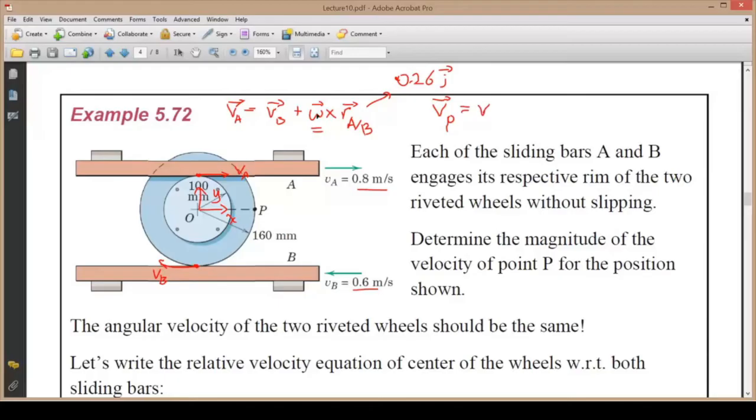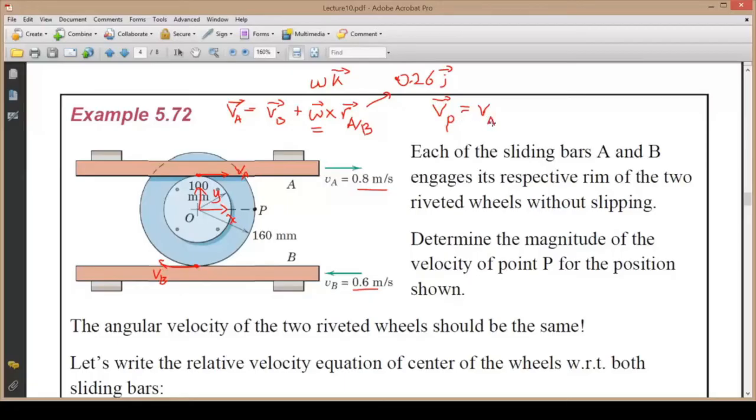We know VA, we know VB, and from this equation, we can actually calculate omega. By the way, this omega is going to be omega k again. So you need to make your cross product based on these unit vectors. k cross j. The resultant will be a -5. Therefore, this equation could be written out for VA, for example.